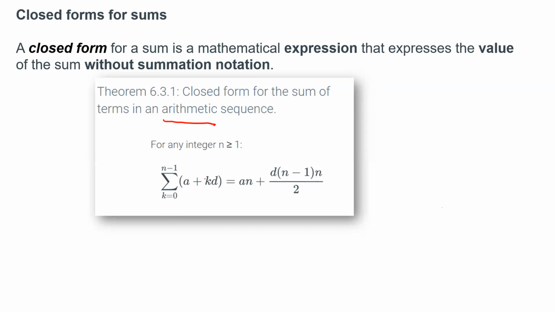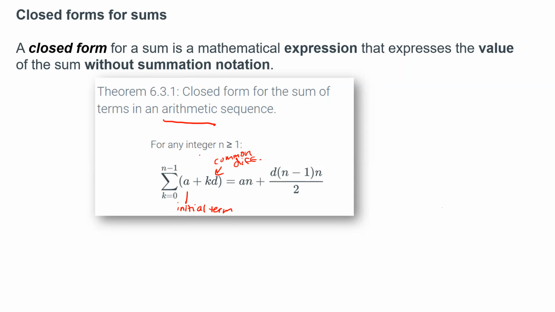But this would be what it would look like if we're adding up a bunch of terms in an arithmetic sequence, where, remember, A is the initial term, and then D is the common difference.